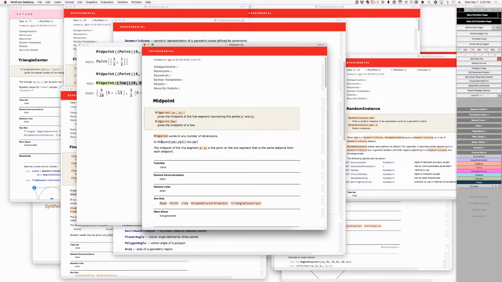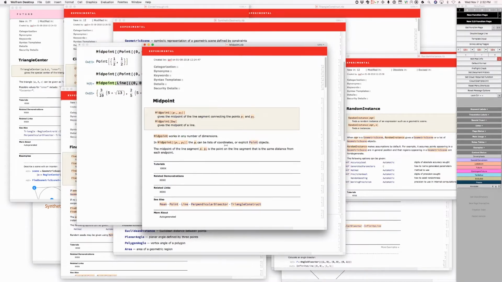The P sub I can be lists of coordinates or explicit point objects. They can also be symbols, but we don't do anything in that case.